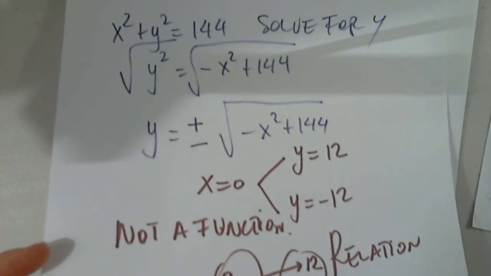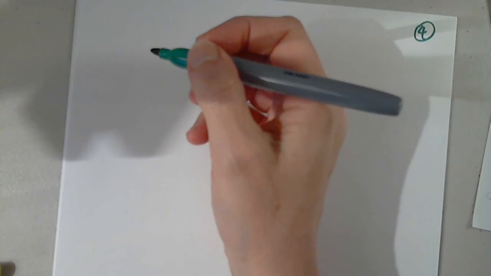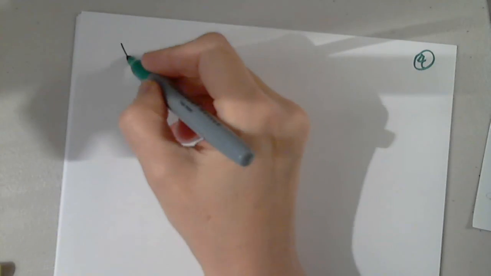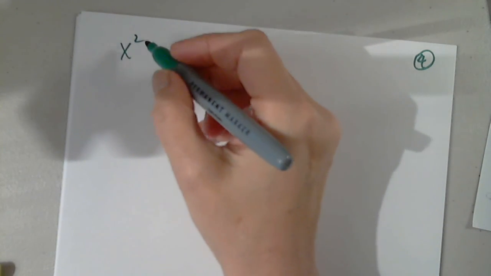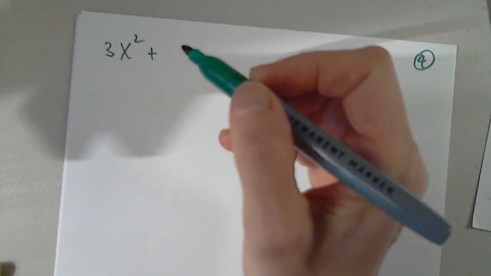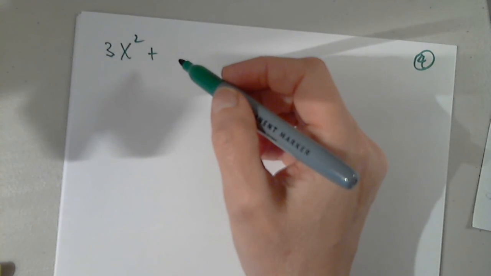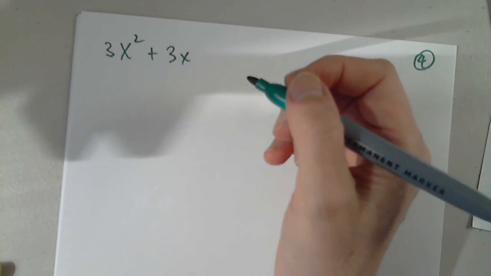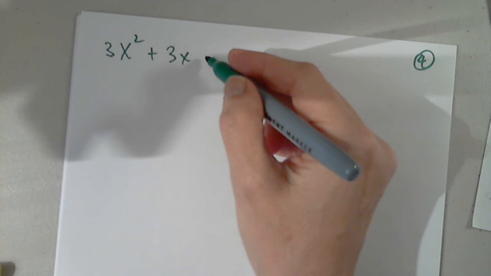I got one more. So, when you're factoring, you know how, okay, here's an example. It's like 3x squared plus, I don't know, 3x, and the last term just somehow doesn't work out.